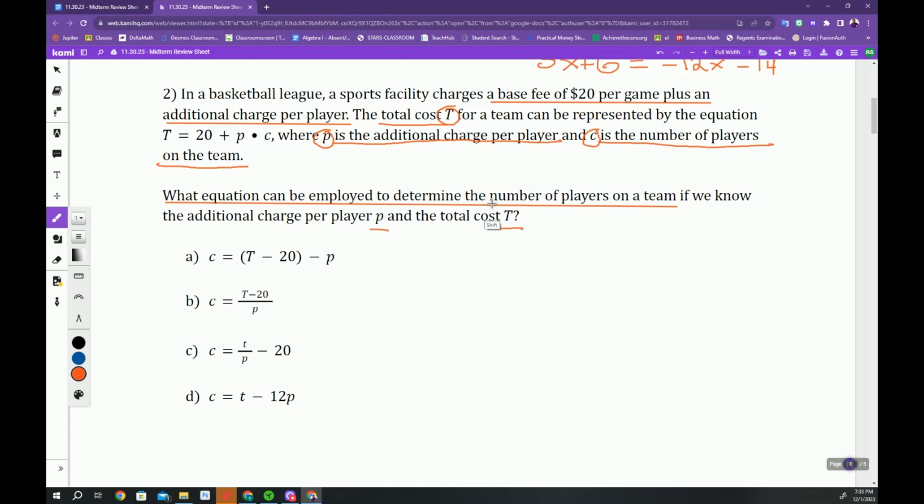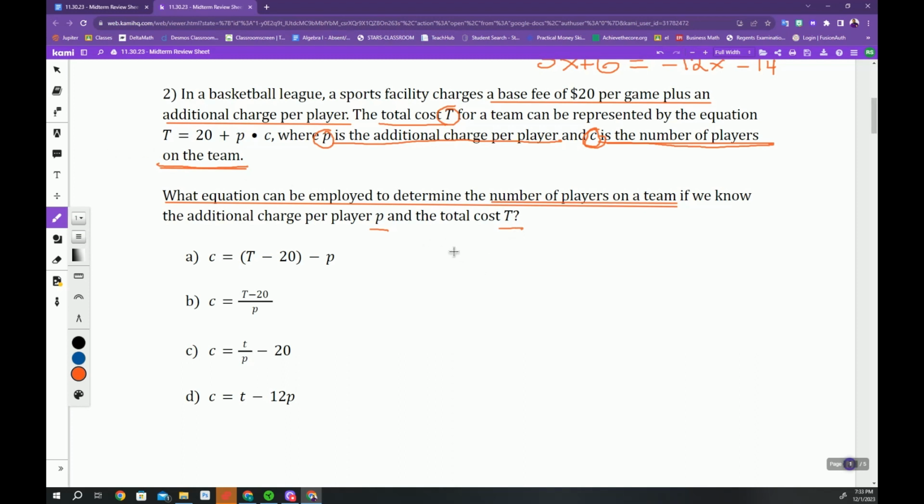What represents the number of players on the team? It says C is the number of players on the team. So that means we want an equation that solves for C. Also, if I look at all the multiple choice options, they all have C on the left side, which means we're probably trying to solve for C.